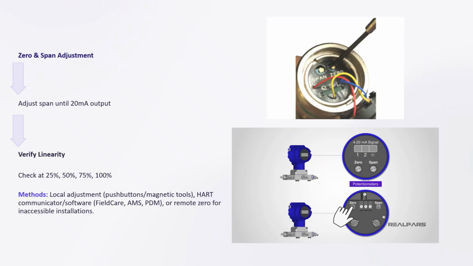Remote or Smart Zero for inaccessible installations. A standard calibration procedure includes applying 0% and 100% pressure, adjusting zero and span, and verifying linearity at 25%, 50%, 75%, and 100%.